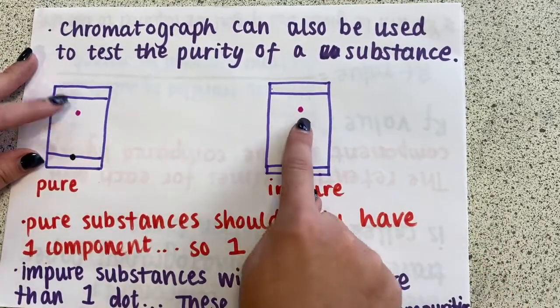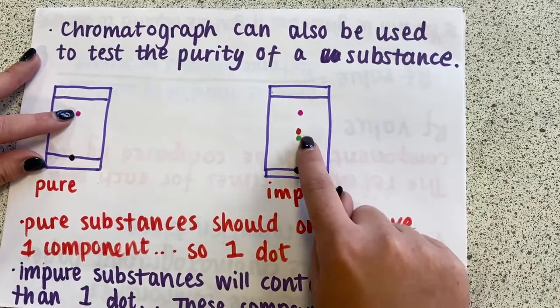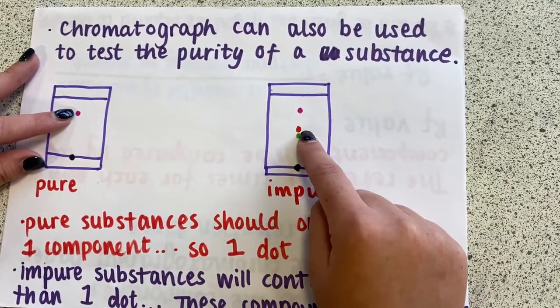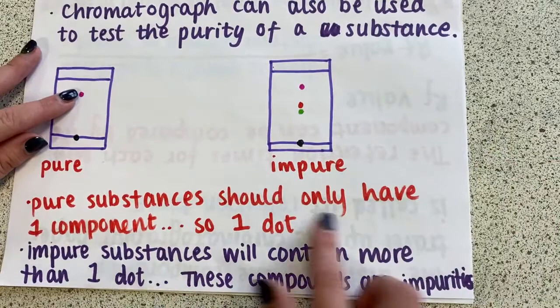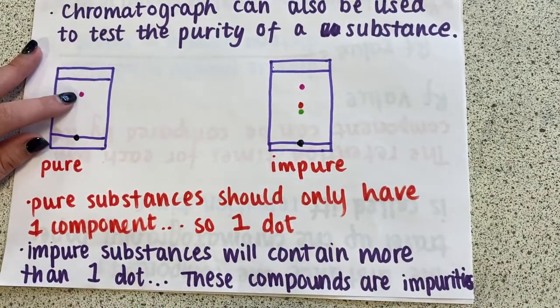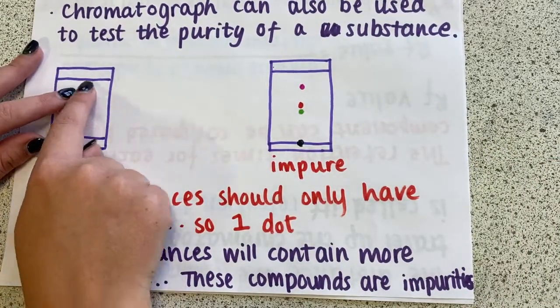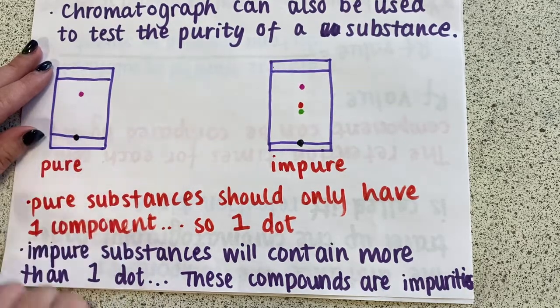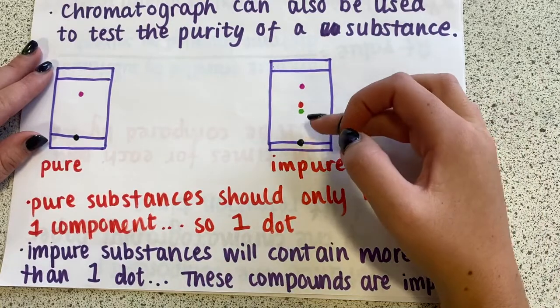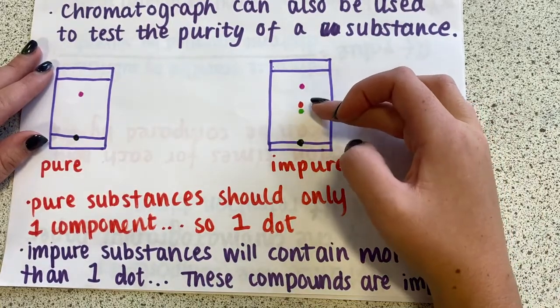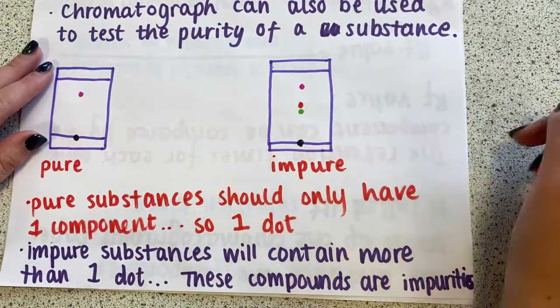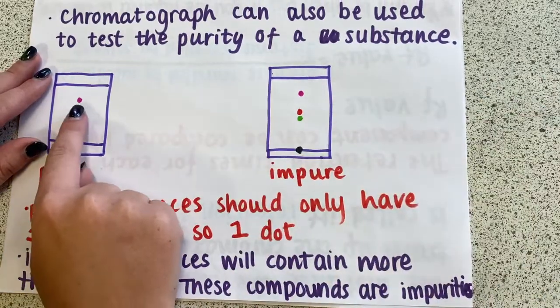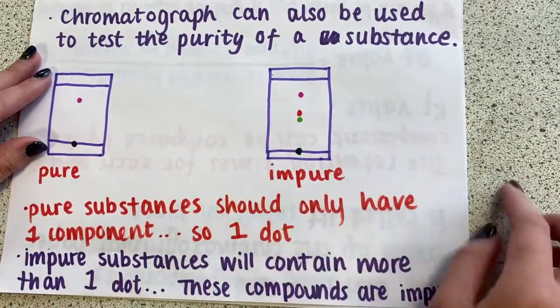Yes, you have the morphine that you wanted, but it's also made up of different components. Pure substances should only have one dot. If it's impure, you're going to have more impurities, which means more dots, including the dot that you want.